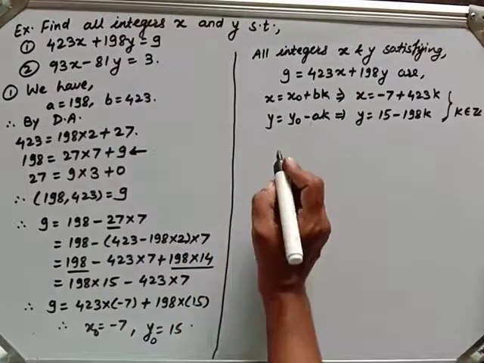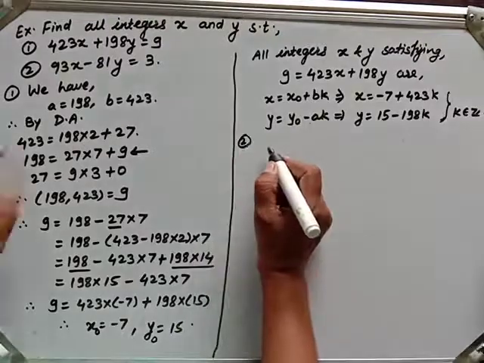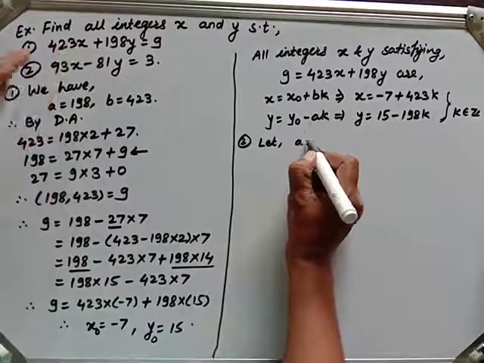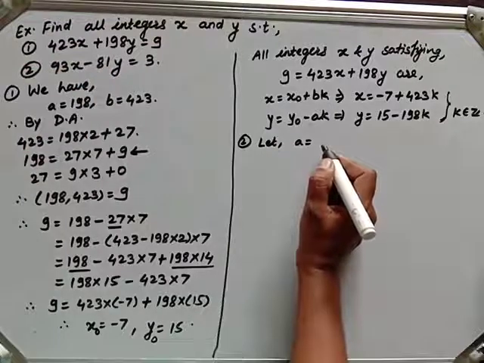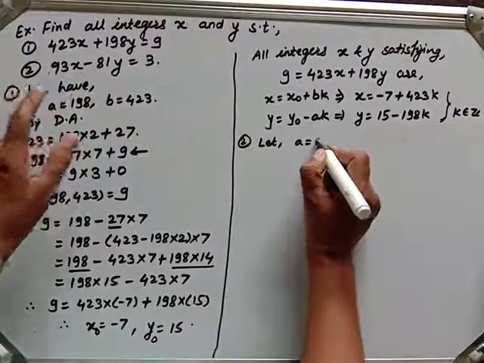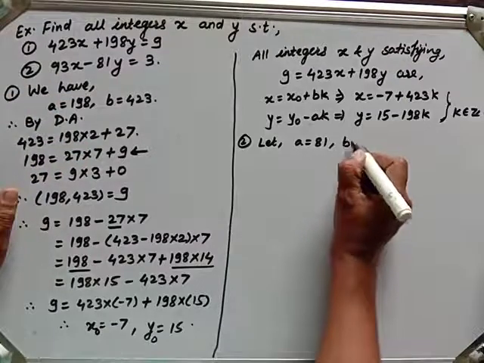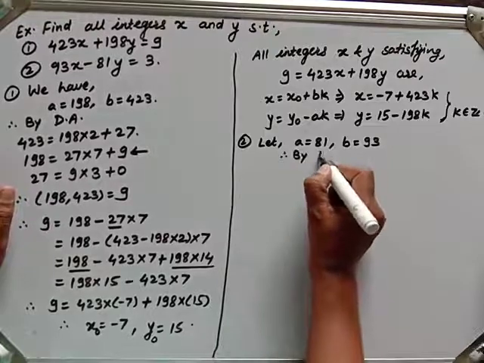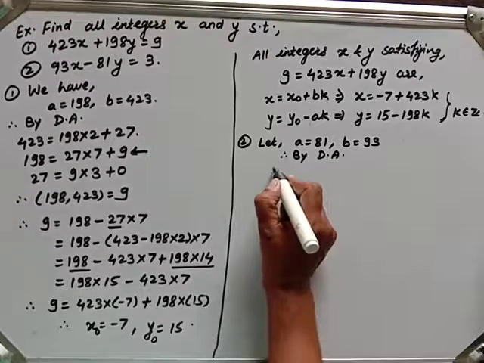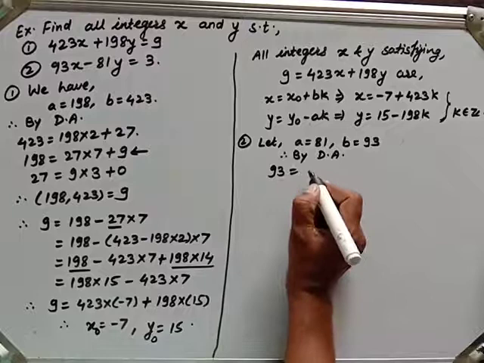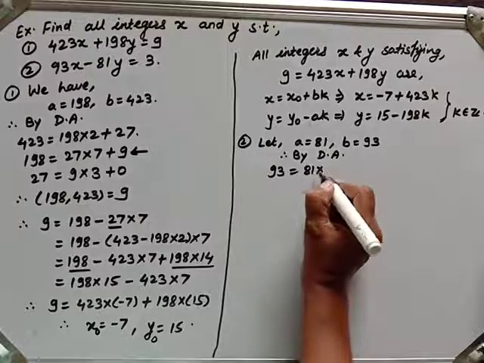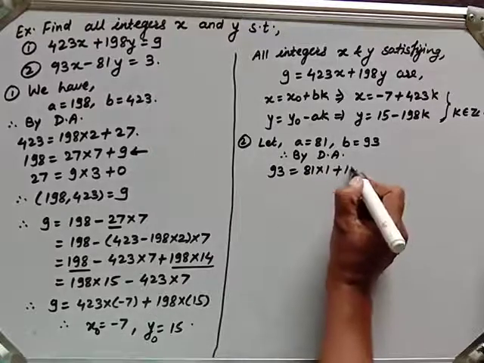Now let us solve the second one. Similarly, here let A be 81 and B be 93. Therefore by division algorithm we get 93 equal to 81 multiplied by 1 plus 12.